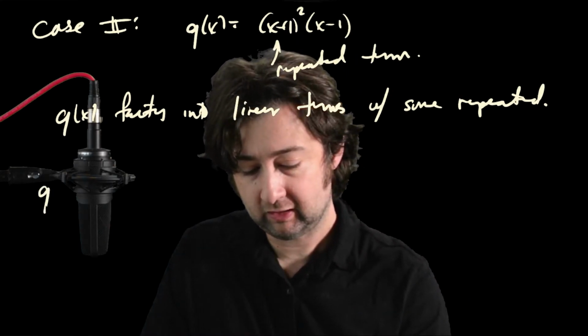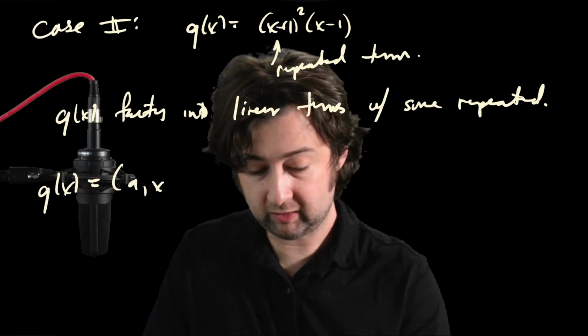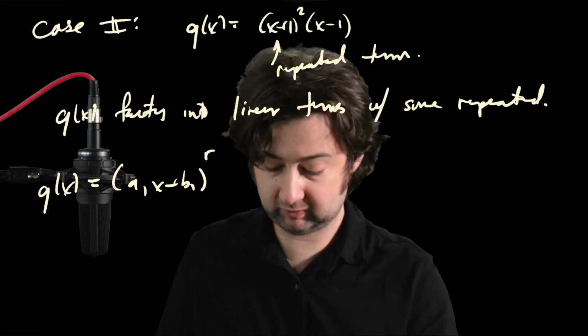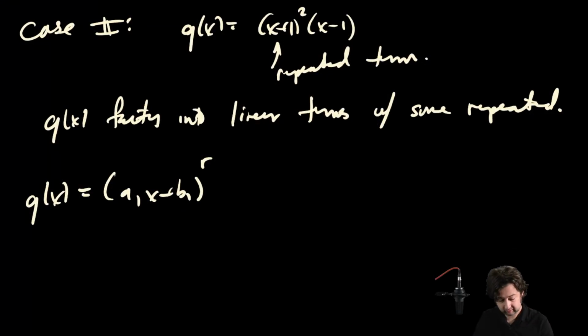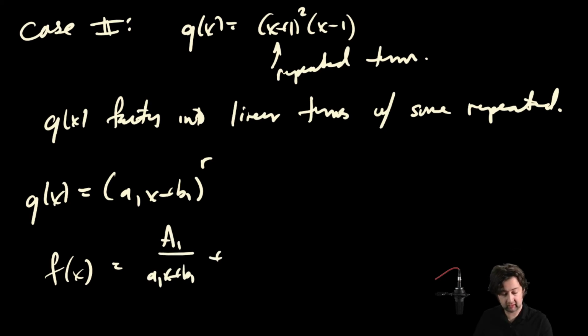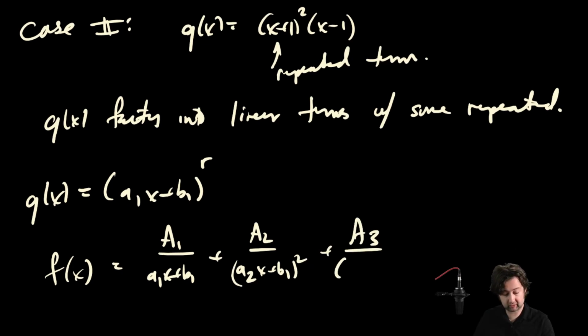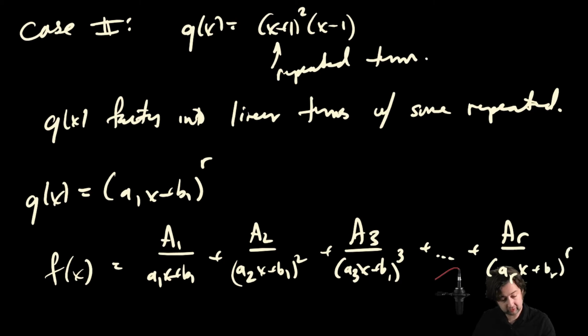What I mean by that is, if q of x had a term a1x plus b1, and that was repeated r times, then when you wrote f down, you would have one partial fraction corresponding to the first power of the repetition, another corresponding to the second power, and another corresponding to the third power, where we're increasing the power of the denominator from 1 all the way up to the ending fraction, which is arx plus br to the rth power.